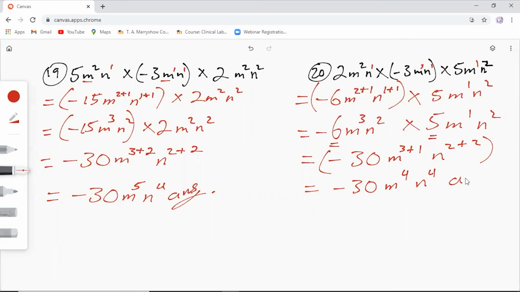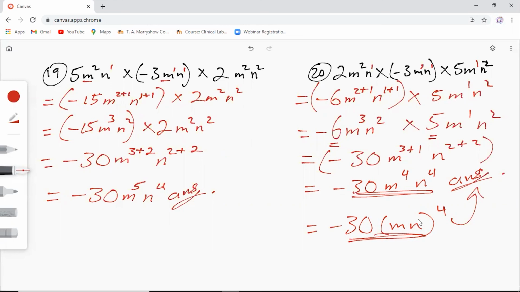You can leave that as your answer, but according to the law of powers, a squared b squared is the same as ab all squared, so we could write that as negative 30, mn, all to the power of 4. This could also be a form in which you write your answer. Both of them mean the same thing.